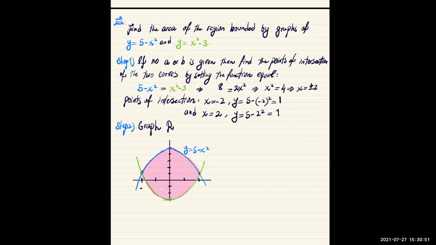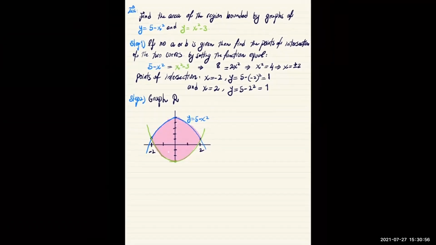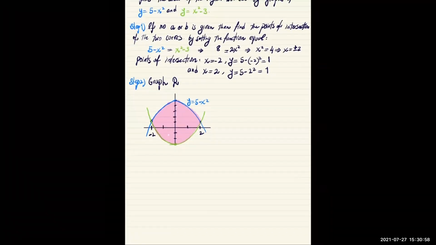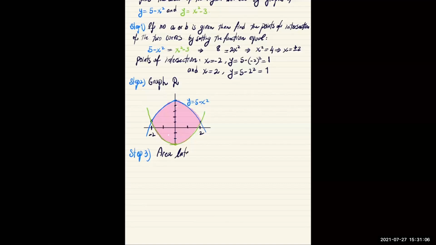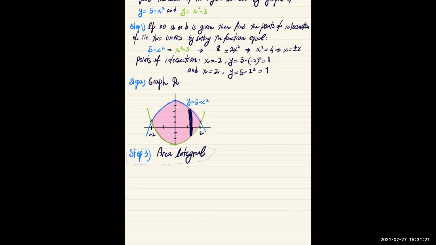Okay, so we are ready to set up the integral. Again, if you want to take a rectangular strip, be my guest. Here it is. Let me do the setup over here. So that's a strip.